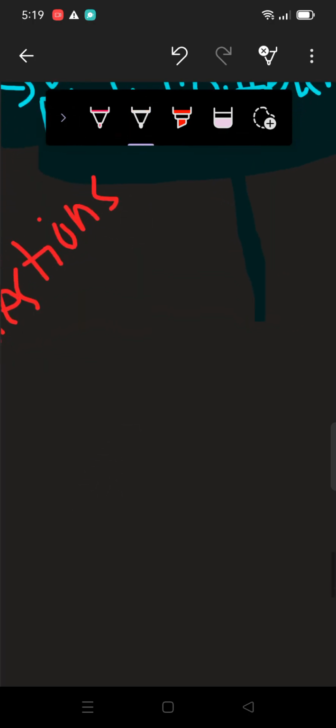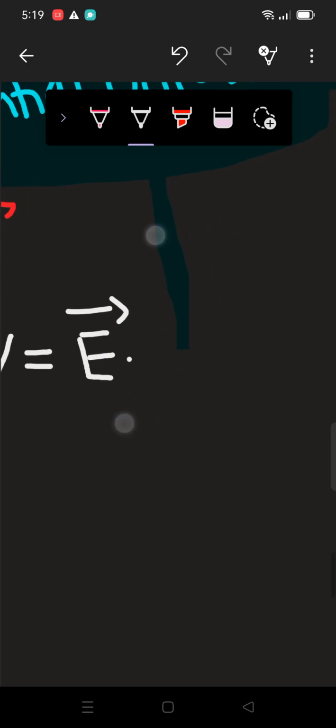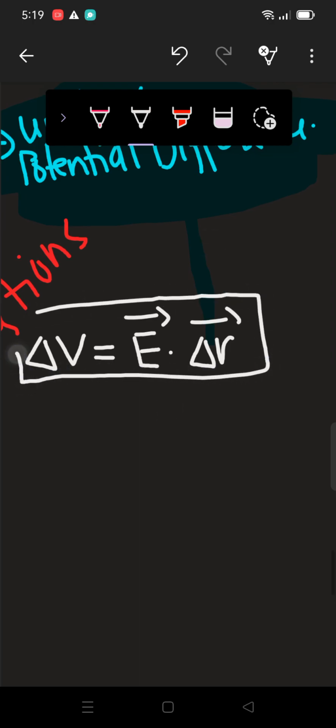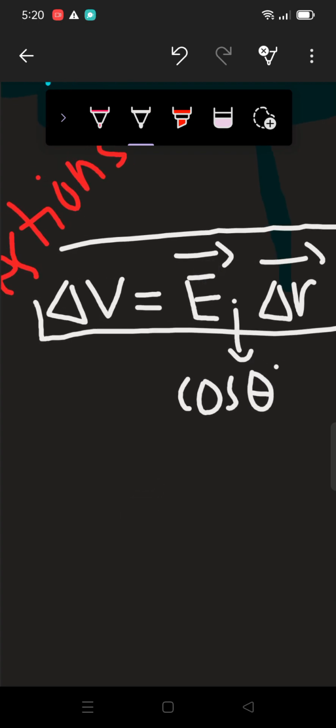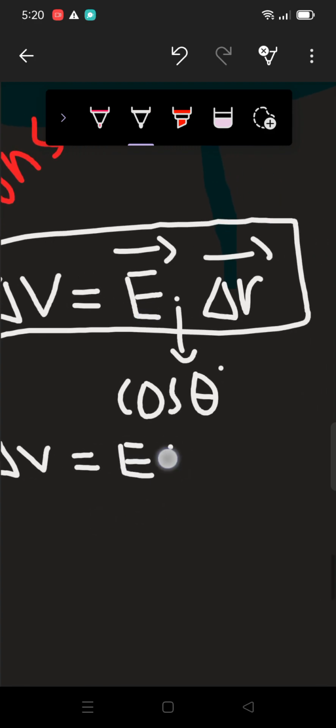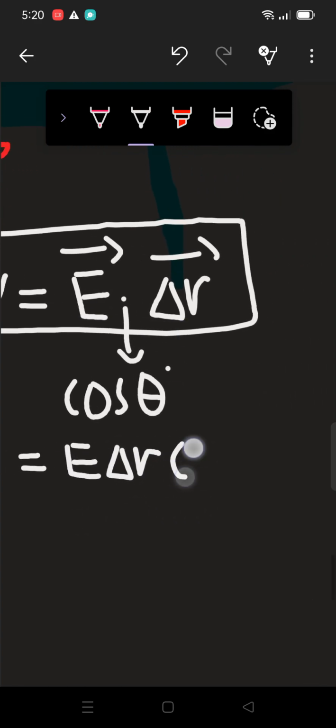We know that potential difference del V is equal to E dot del R. Now I want the magnitude of it. So when I remove this dot, I'll have a function called cos theta. So del V is equal to E del R cos theta.